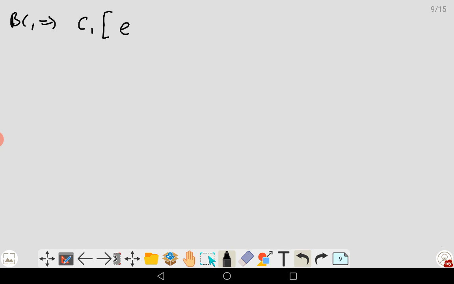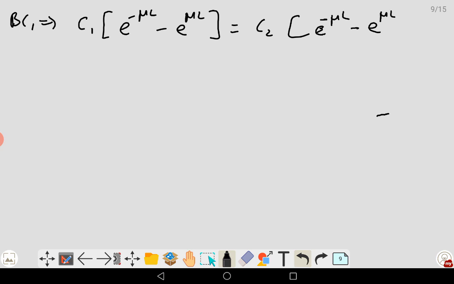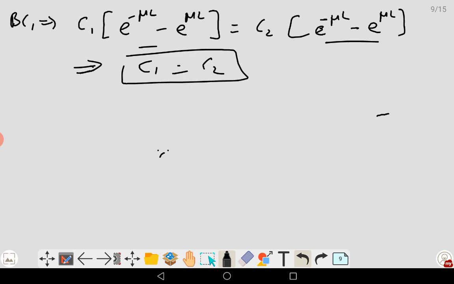So you get e raised to minus mu L minus e raised to mu L on the left side. On the right side, everything will be c2, with e raised to minus mu L minus e raised to mu L. These two terms are equal, so divide by the same term. This gives c1 is equal to c2 from boundary condition 1.